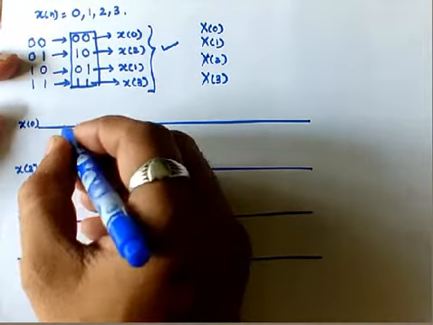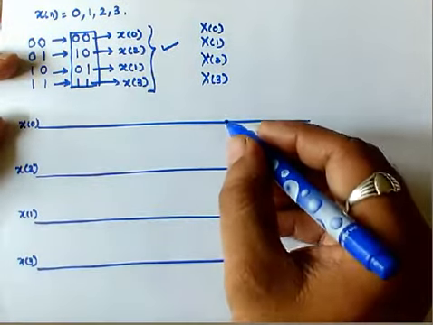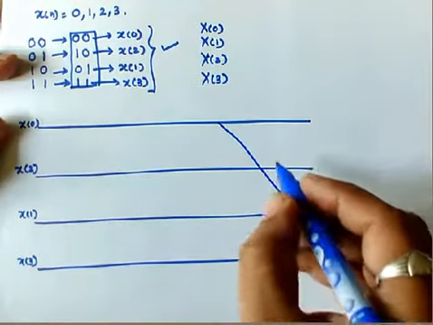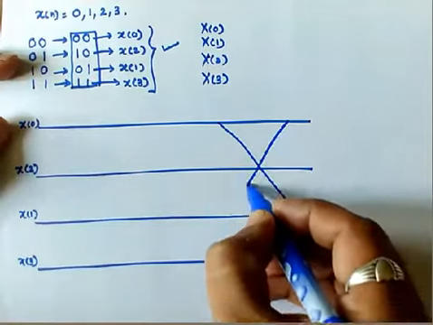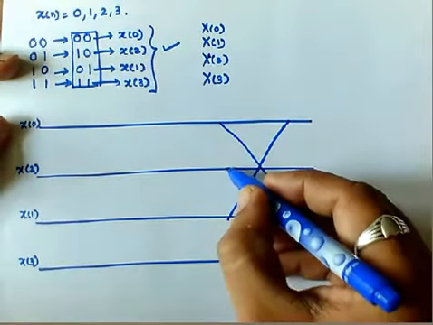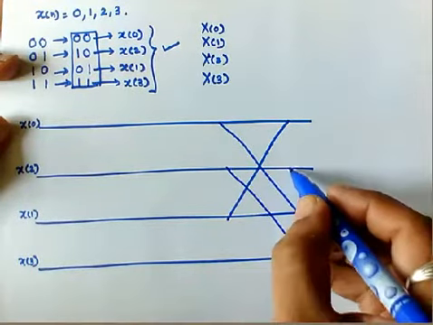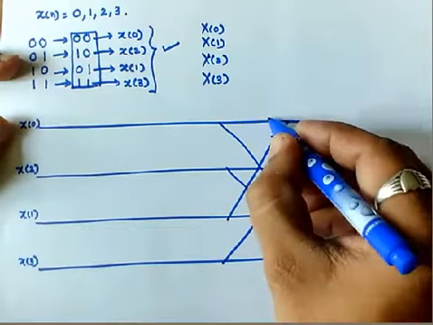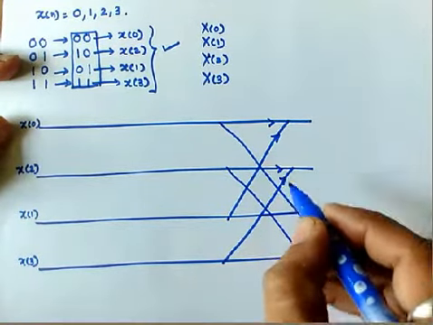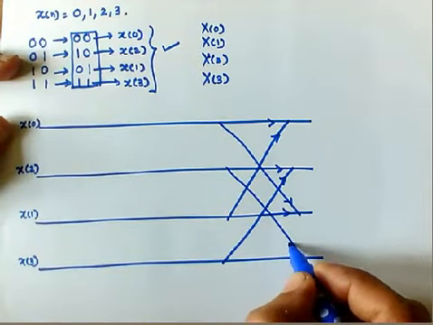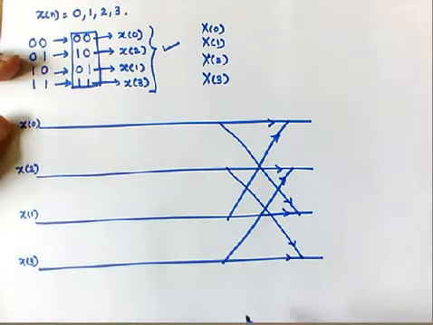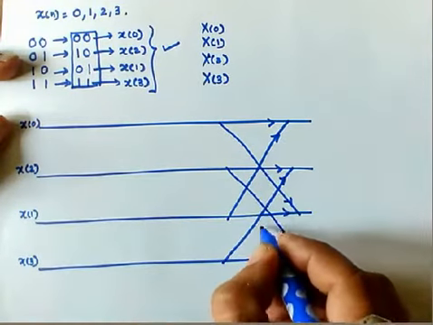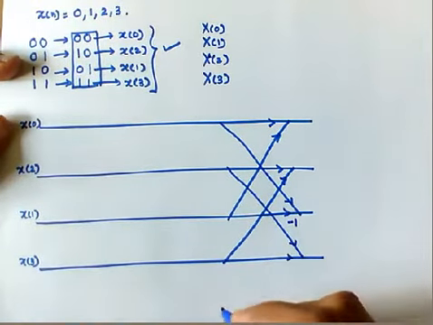So here I will plot the first butterfly. This is, let's say, the first butterfly, and this one is the second. Now the point is, with respect to each butterfly we are providing arrows, and for the first it is -1.